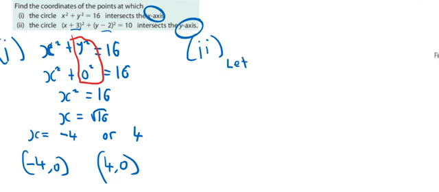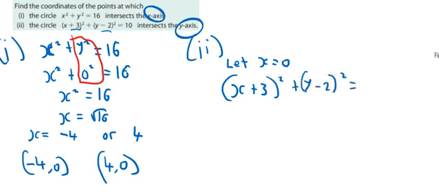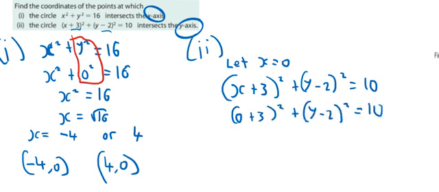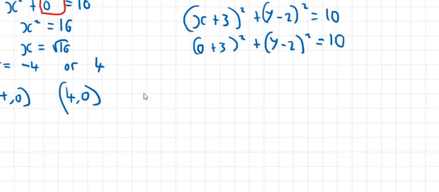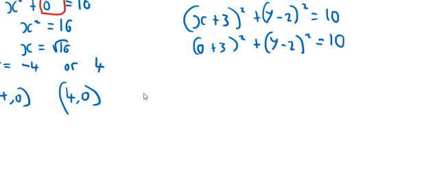Then the equation (x + 3)² + (y - 2)² = 10 becomes (0 + 3)² + (y - 2)² = 10, and I'm trying to solve from there to find out what y is.